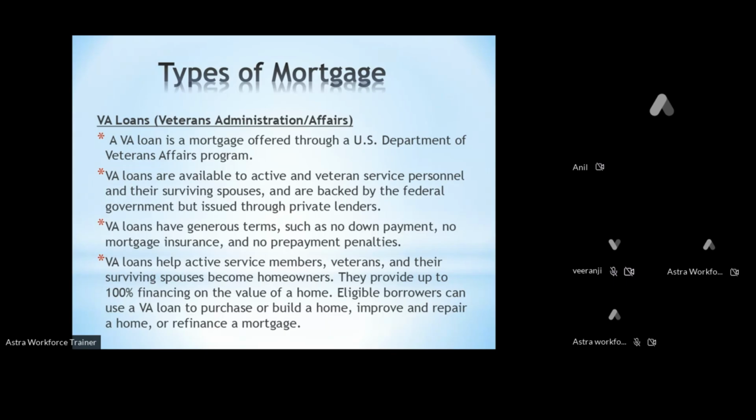VA loans have generous terms such as no down payments, no mortgage insurance, and no prepayment penalties. VA loans help active service members, veterans, and their surviving spouses become homeowners. They provide up to 100% financing on the value of their home. Eligible borrowers can use a VA loan to purchase or build a home, improve and repair a home, or refinance a mortgage.